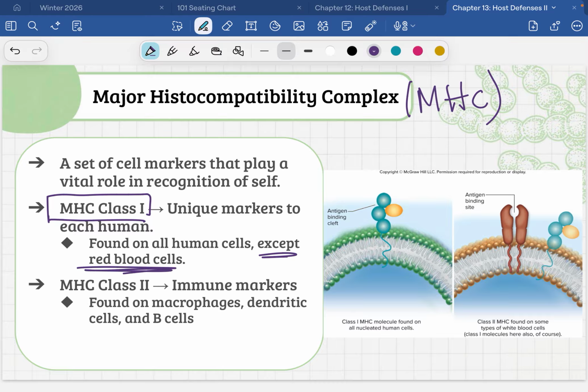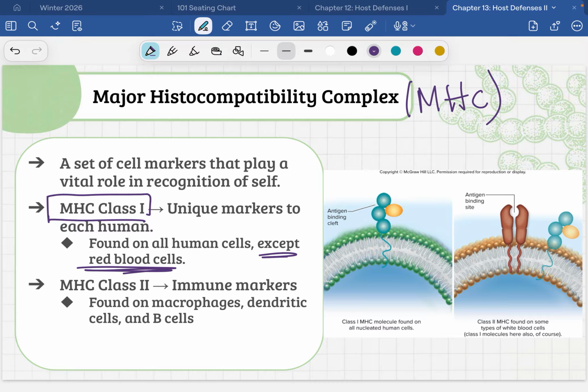So every single cell inside of your body has an MHC class 1 protein that is unique to you. Your MHC1 is different than my MHC1. It's different than everybody else's MHC1. It's what makes you an individual person, and it's how your immune system, a big part of how your immune system knows what belongs to you.